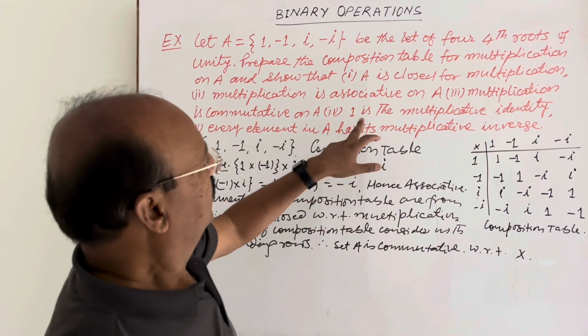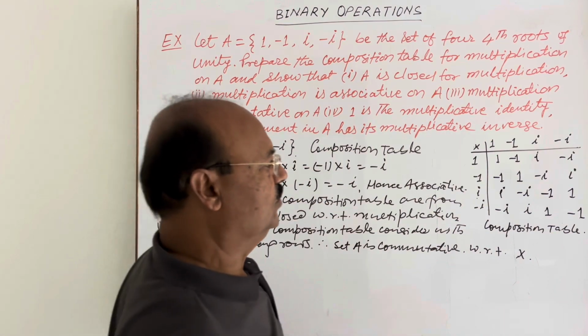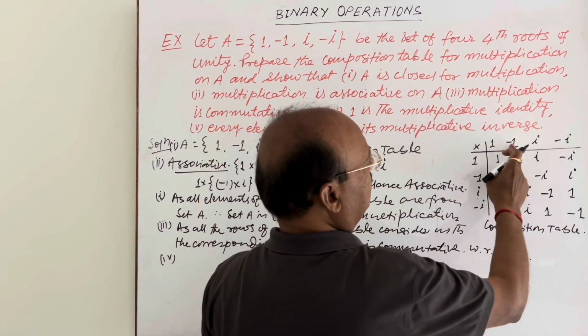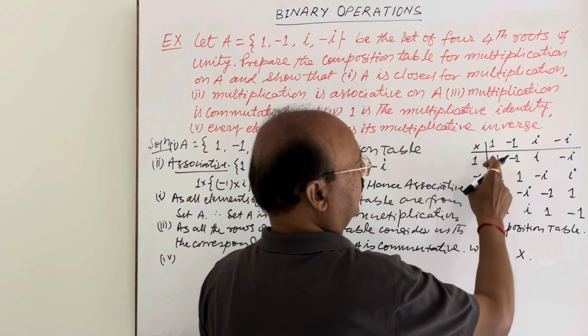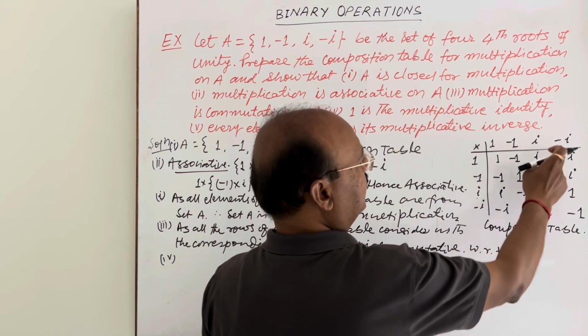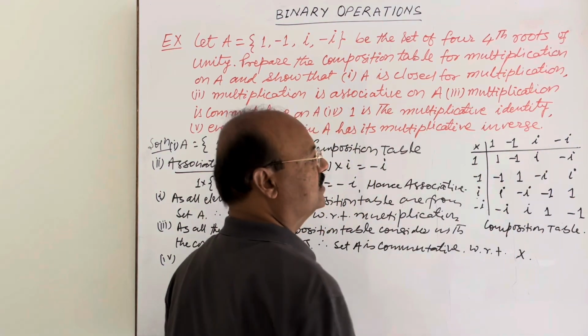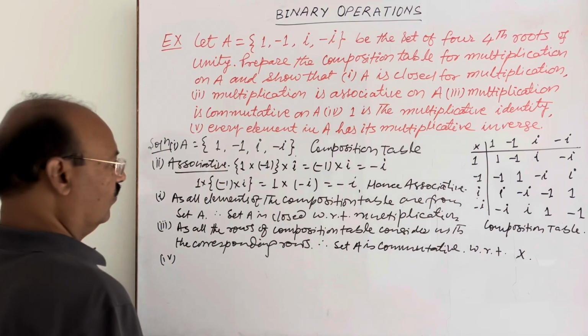Now the fourth part is we have to show that 1 is the multiplicative identity. So you see, when all these 4 elements are multiplied with 1, we are getting the same numbers, 1, minus 1, i, minus i. So 1 is the multiplicative identity.